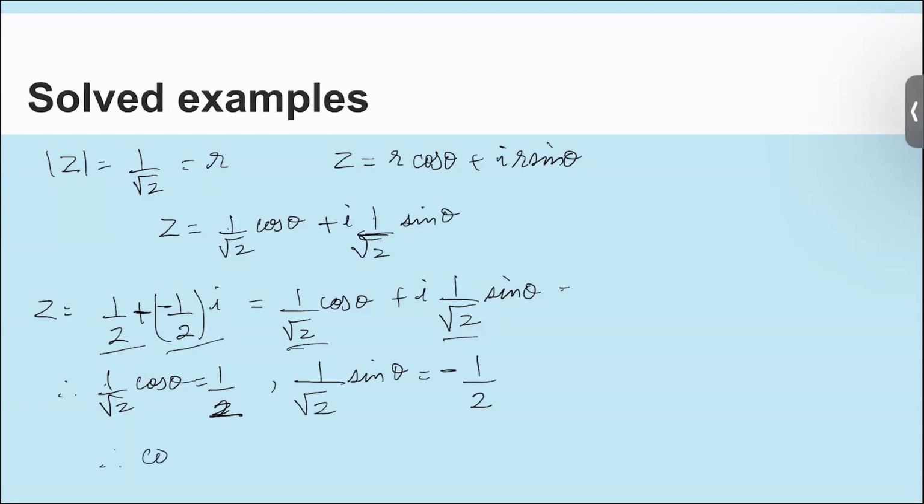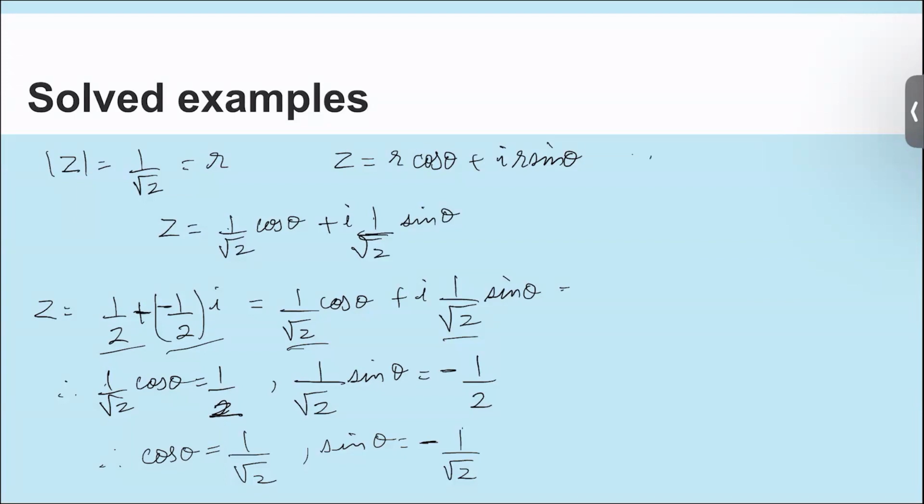Therefore, cos theta is equal to 1 by root 2 and sin theta is equal to minus 1 by root 2. We know that for a 45-degree angle, we get cos theta as 1 by root 2 and sin theta also as 1 by root 2. Now you have a negative sin theta and a positive cos theta.